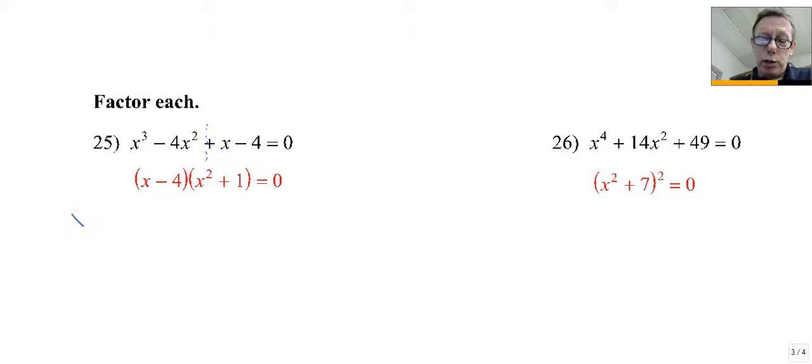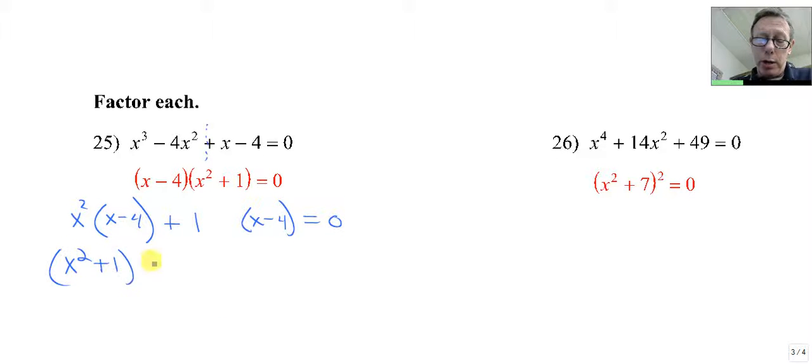And I could pull an x squared out, and I would get x minus 4. So I would have to have x minus 4 on the last part and see if I can pull anything out. And sure enough, there's already an x minus 4, so I would put plus 1. So my factors would be x squared plus 1, x minus 4 equal to 0.